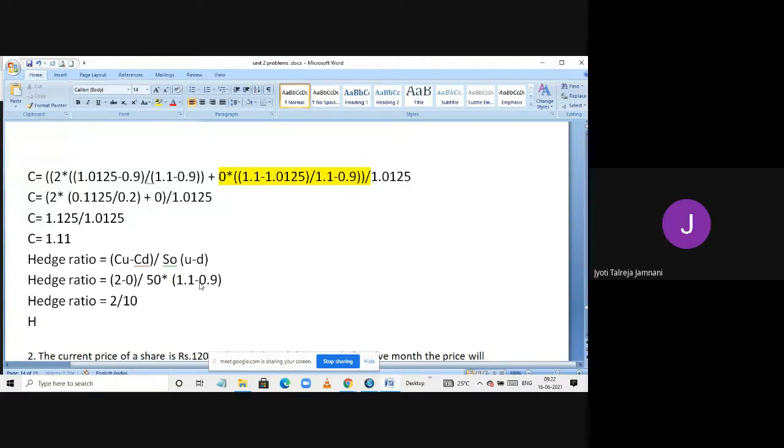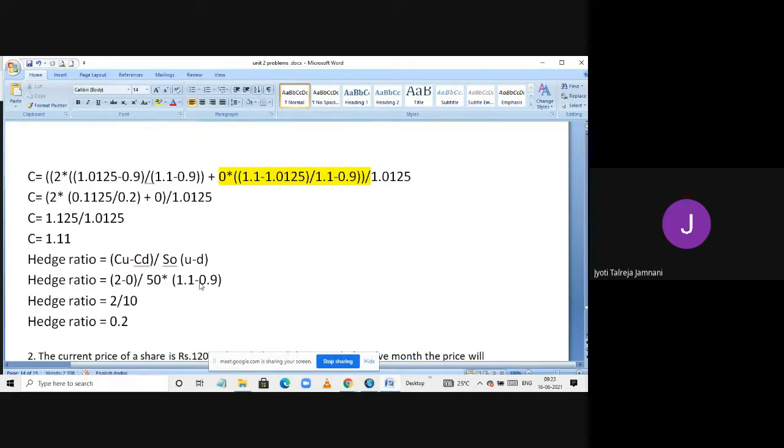So your hedge ratio is equal to 0.2. Usually your hedge ratio represents the risk on the portfolio. So you can say that there is 20% risk if I do into 100, or you can say for every 1 rupee, 0.2 is the risk.